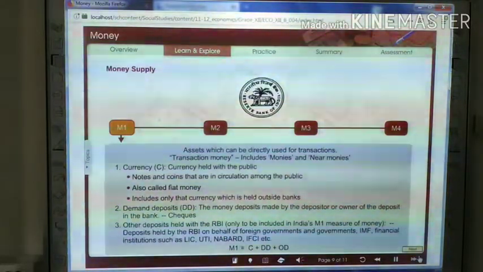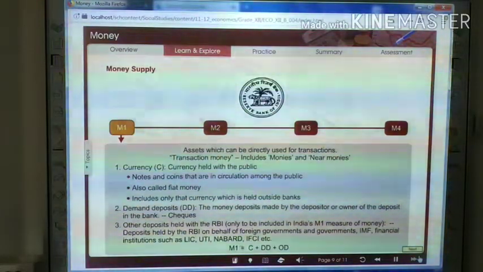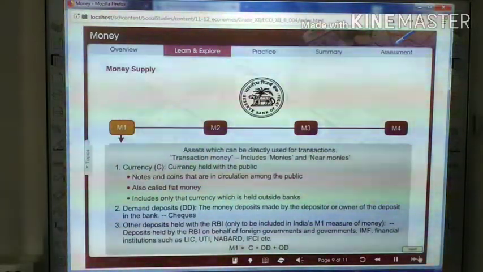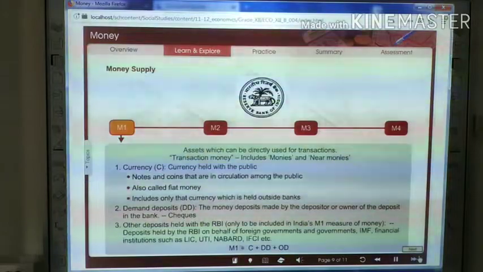M1 includes only that currency which is held outside banks. Demand deposits. These are the money deposits made by the depositor or owner of the deposit to the bank. The bank agrees to honor such demands or pay money on demand at any time. For this purpose, people use checks to meet financial obligations.